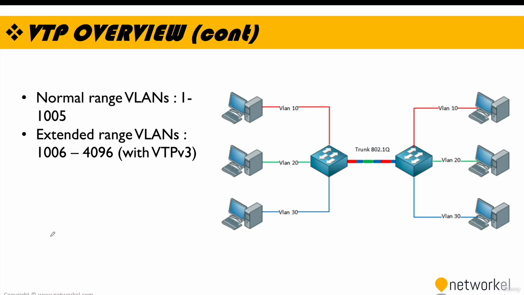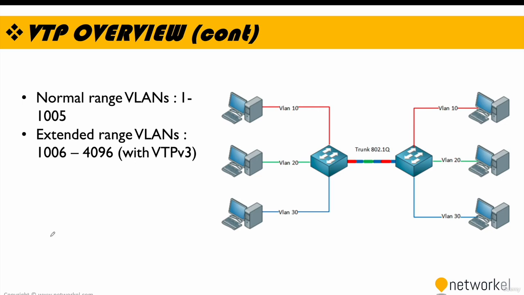VTP servers can create and manage VLANs, which are then propagated to other switches in the same VTP domain. Also, changes made on a VTP server are sent to VTP clients and transparent switches to ensure all switches have the same VLAN information.